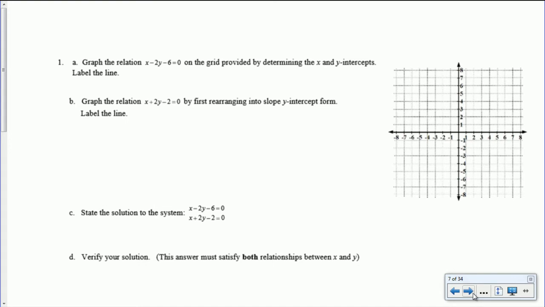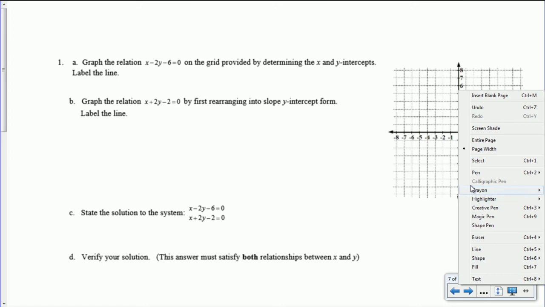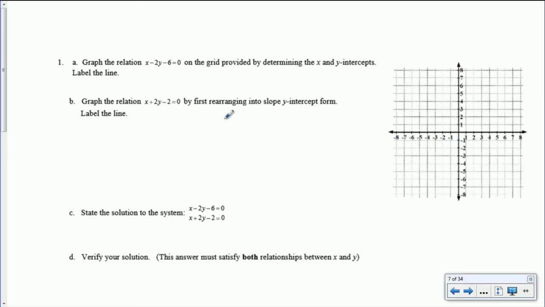Okay, moving on to number 1. Graph the relation x minus 2y minus 6 equals 0 by determining the x and y intercepts. Label the line. So we've done this a little bit last unit. So to figure out the x-intercept, we have an equation in general form, right?